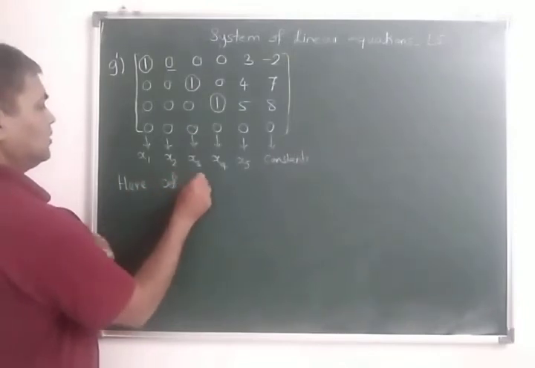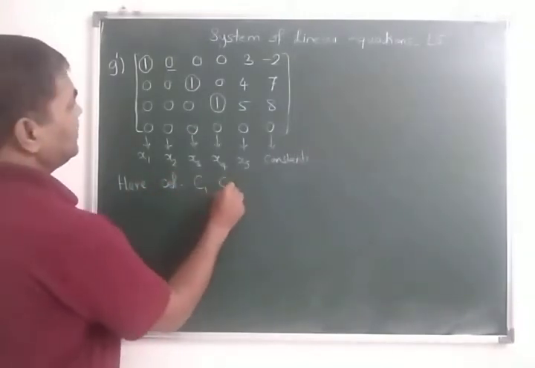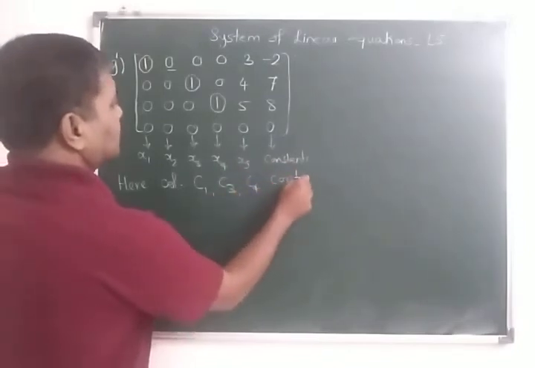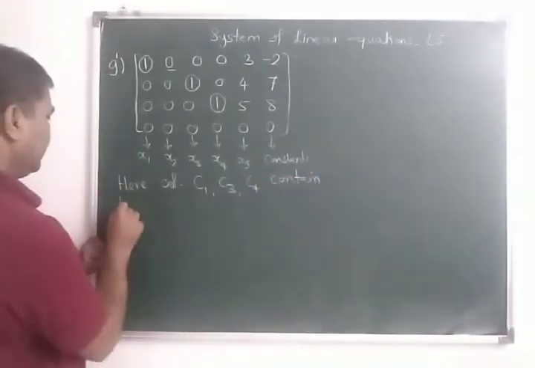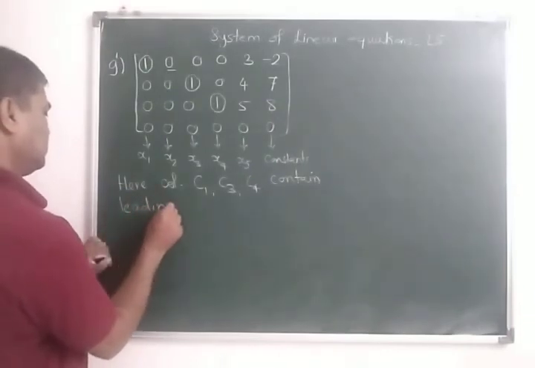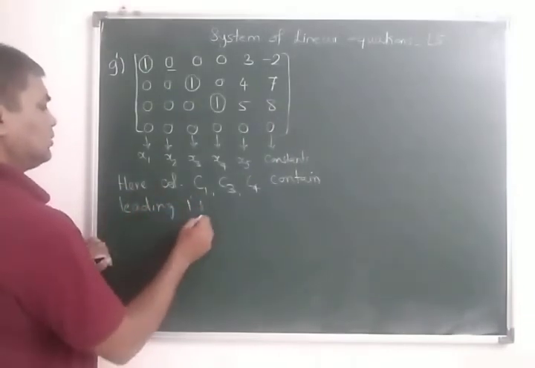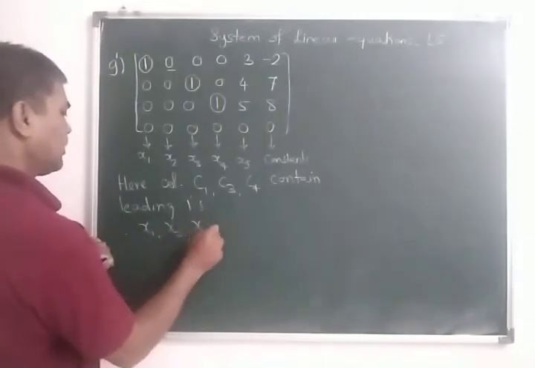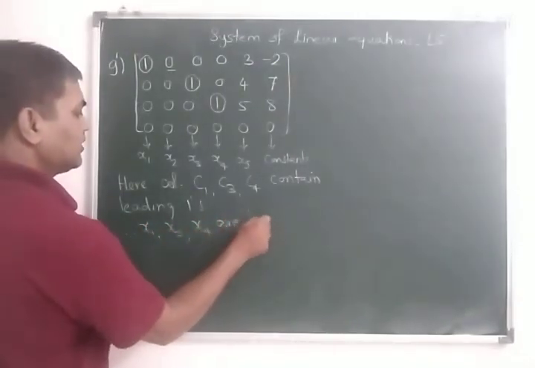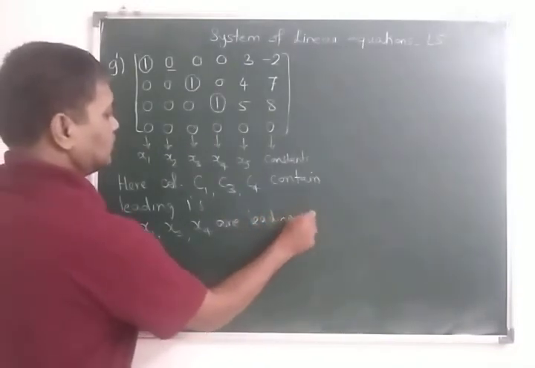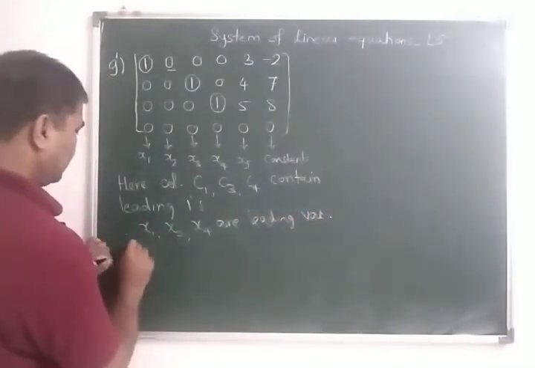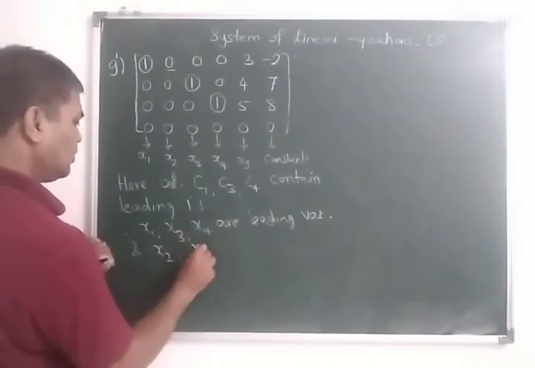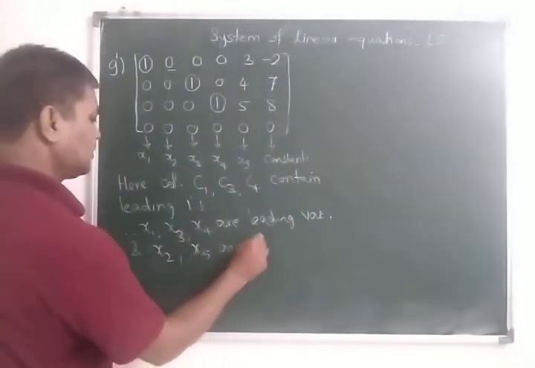So here columns C1, C3, C4 contain leading ones, and therefore x1, x3, x4 are leading variables and remaining variables x2, x5 are free variables.